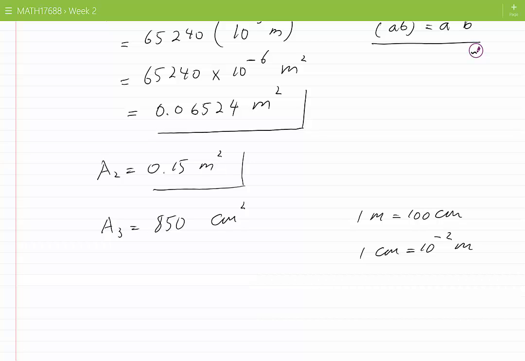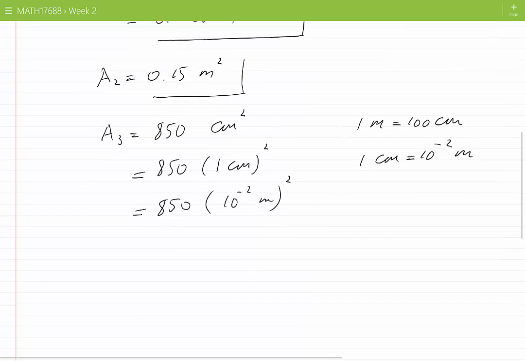Therefore, for A3, I can write 850 instead of 1 centimeter squared, I can write 10 to the power of minus 2 meters squared.